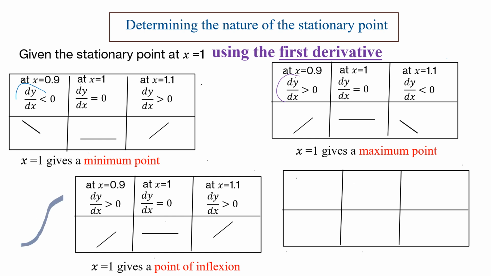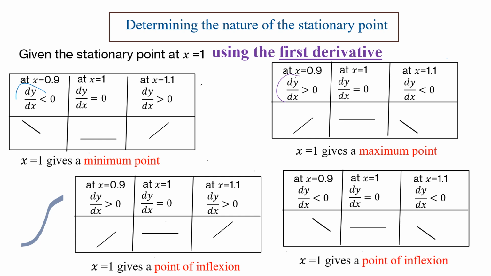It can also be that both of them are negative on the left and on the right, and it will look like this curve if we were to join them.